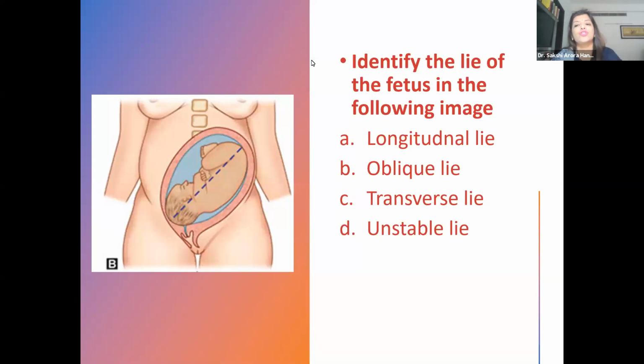Lie is the relationship of the long axis of the fetus to the long axis of the mother in a centralized uterus, right? So whenever I talk about lie, first I am going to centralize the uterus, because normally in pregnancy the uterus is dextro-rotated. Why is it dextro-rotated? Because of the sigmoid colon occupying the left side.